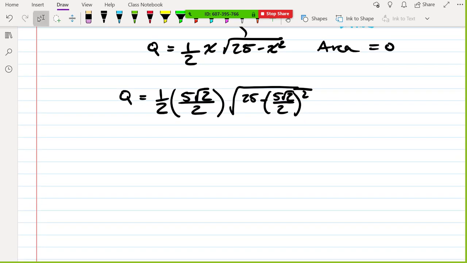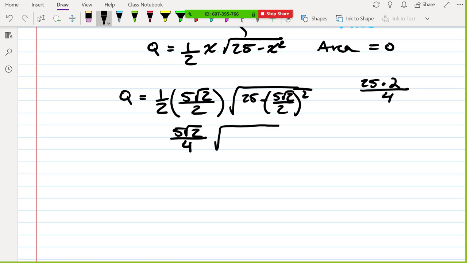So we simplify all of that up, and we get, well, 1 times 5 square roots of 2 is 5 square roots of 2. 2 times 2 is 4. Then inside our parentheses, 5 square roots of 2 over 2 squared is going to be 25 times the square root of 2 times the square root of 2, which is 2, over 2 squared, which is 4.